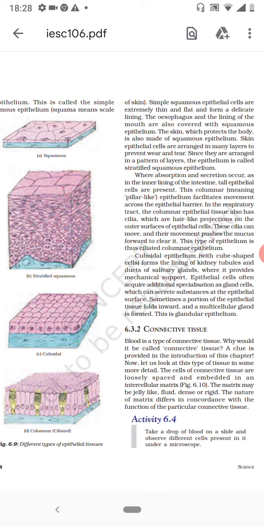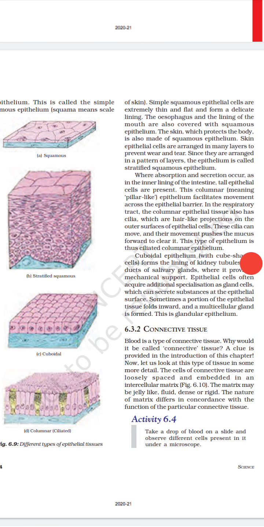It helps in absorption of water and nutrients and in diffusion of gases. And it helps in the elimination of waste products from the body. From the outer skin, sweat is released. That is what? Elimination of waste product from the body. These are the functions of epithelial tissue.